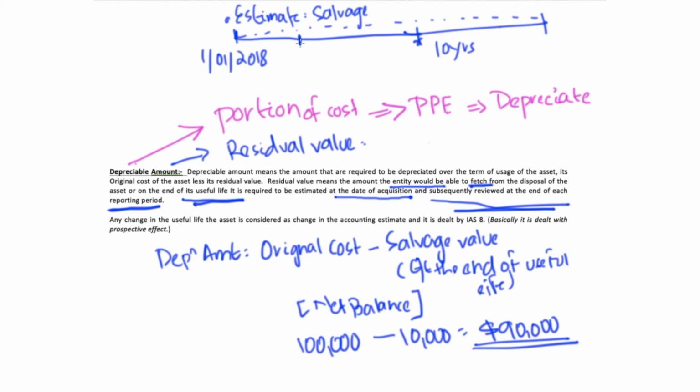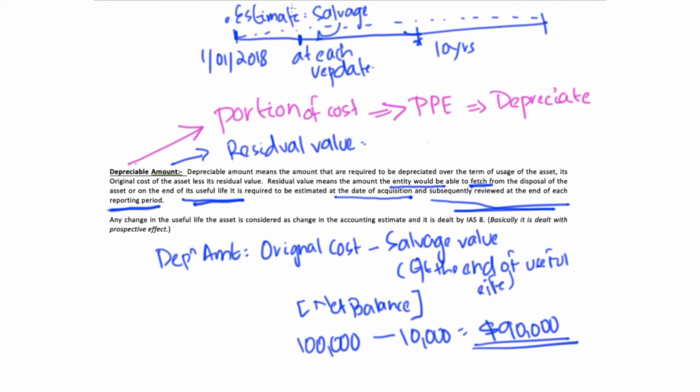Again, you will re-measure or re-look into the salvage value computation at each reporting date. At each reporting date, you will look into the salvage value estimation and see if the estimation is appropriate or not, or if there is a requirement for a change in the estimation.